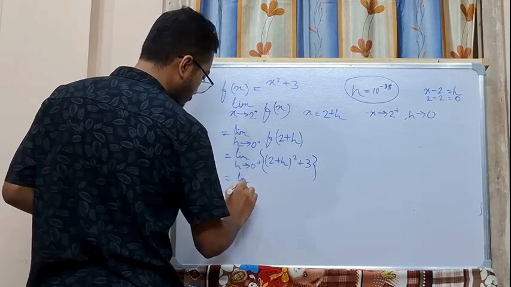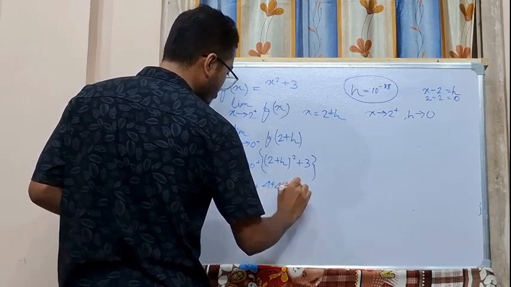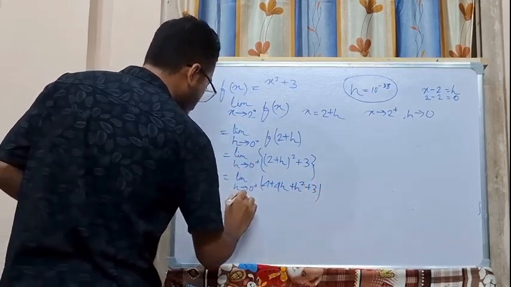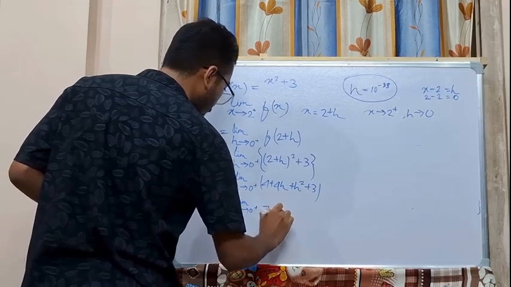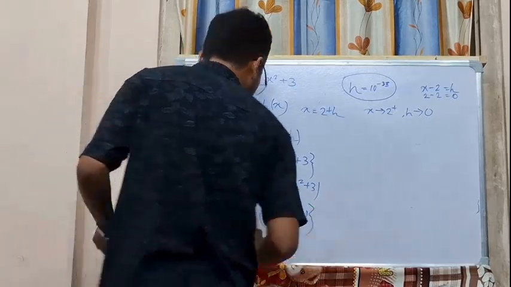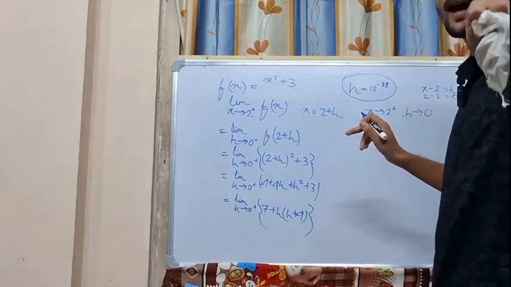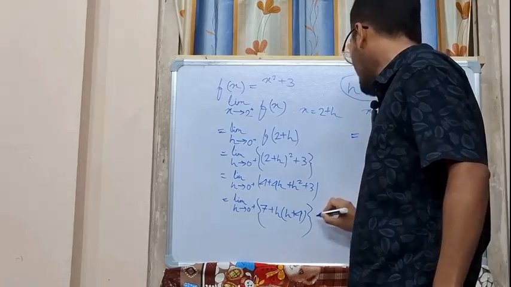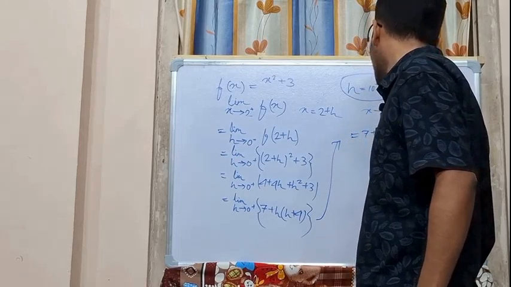Limit h tends to 0 plus, 4 plus 4h plus h square plus 3, which is limit h tends to 0 plus, 7 plus h(4 plus h), right? If we put the value of h as 0, why? As h is very close to 0, then we can write it as 7 plus 0, which is 7.